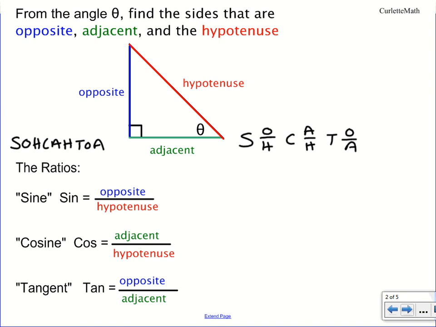Well, if we look at the sine of theta, which I've labeled over here, remember that's going to be our opposite side length divided by our hypotenuse side length, and that will give us our ratio from that theta angle given our sine of that angle. It only works with right triangles.